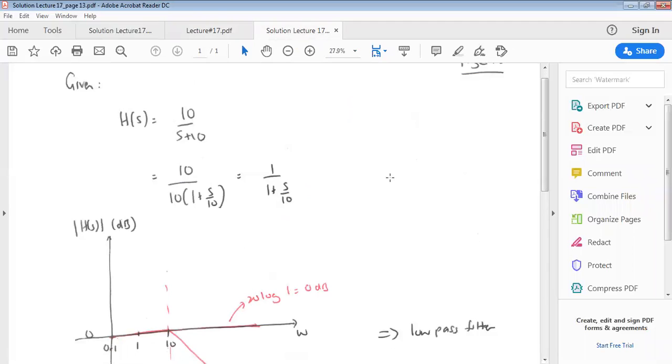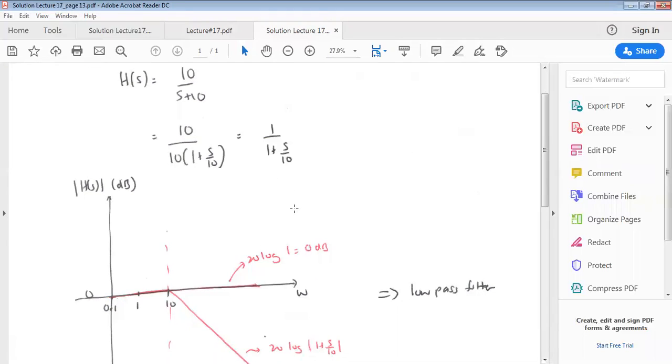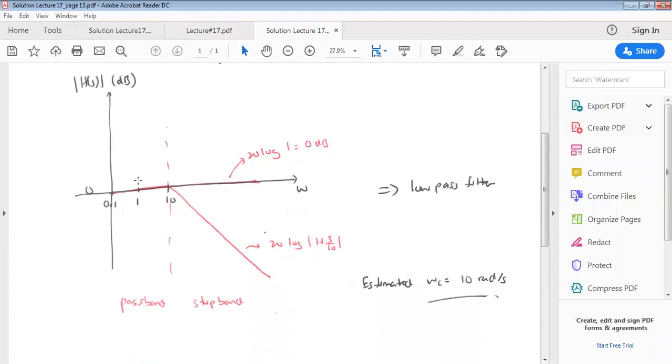Okay, so we are given this transfer function 10 over s plus 10. As what we have learned in lecture 16, we need to change this transfer function into the pattern that we have here. From here we have two components. We have a constant of 1 and we have a real pole at 10. So we can straight away sketch the Bode diagram. The first plot will be an amplitude plot, which is 20 log 1.